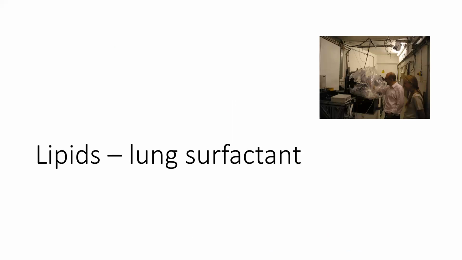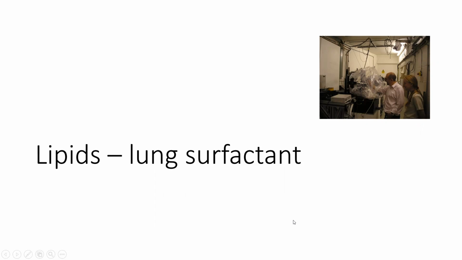Now, we can actually study real lung surfactant, but that's a very complicated mixture. What we've mostly been looking at is components of this in simplified mixtures, and I will give some examples. And this is actually a picture of one of the first experiments in this sort of area where we could just spread a layer of lipid on a Langmuir trough.